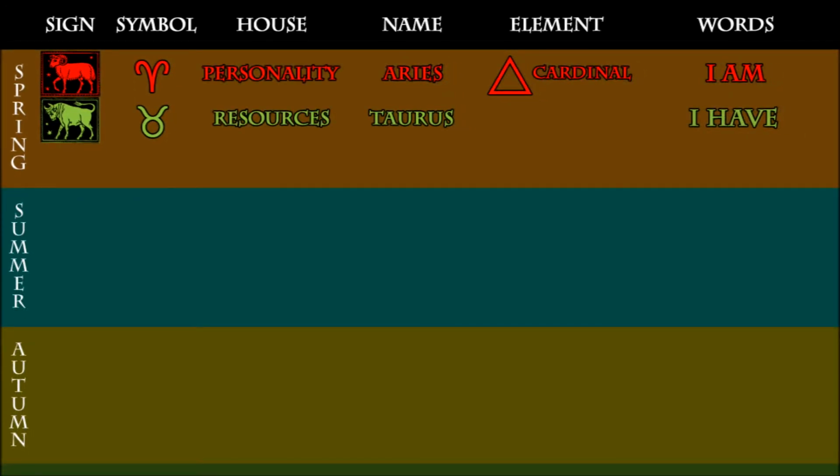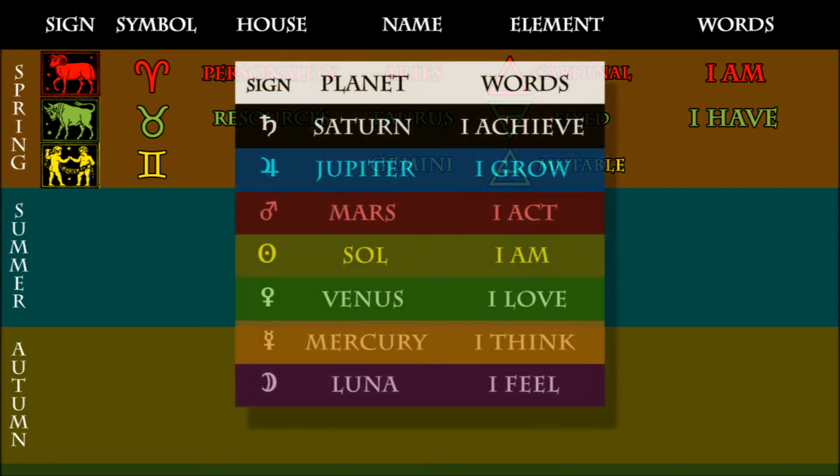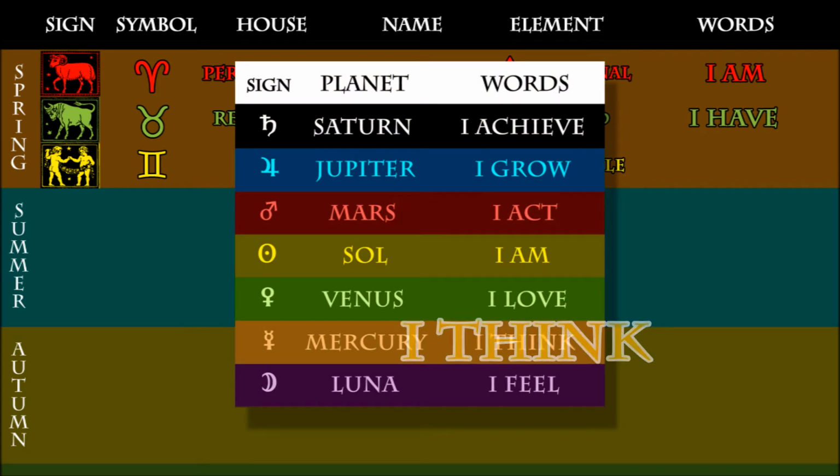So Taurus, for instance, is about what you have, your resources, right? Third, we've got Gemini, who is mutable air, by the way. Fixed earth, mutable air. Oh, I'm sorry. That's what I screwed up. Technically it's the same, but Mercury technically says "I think," not "I communicate."